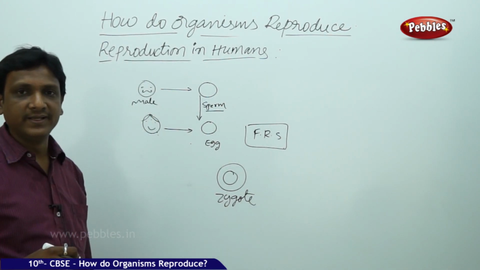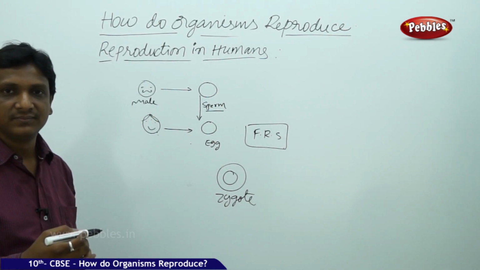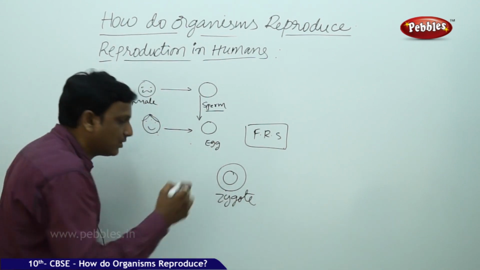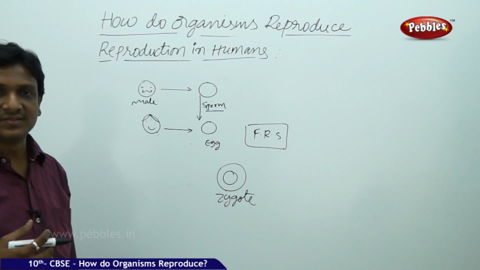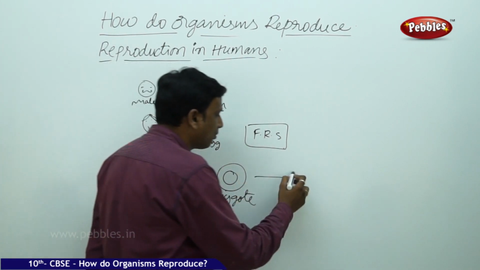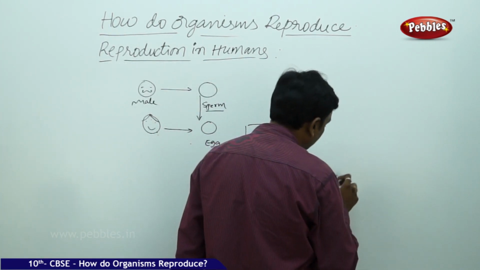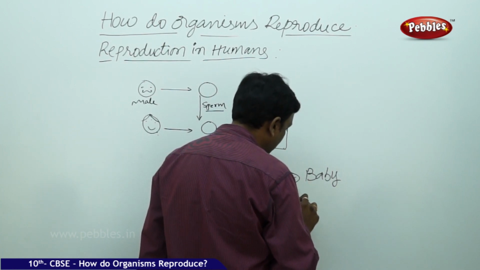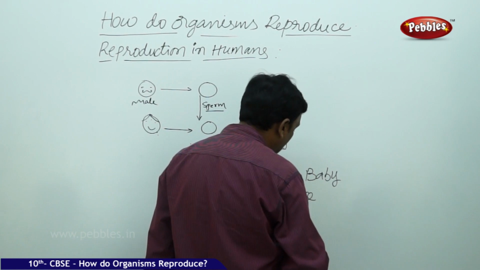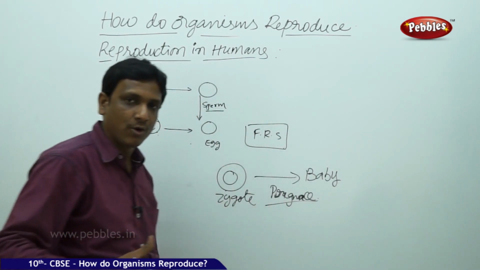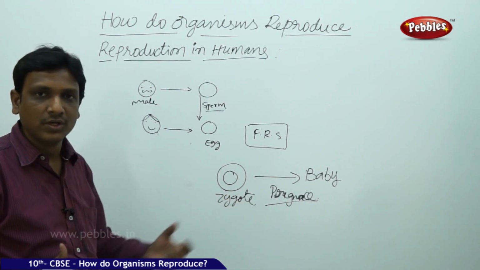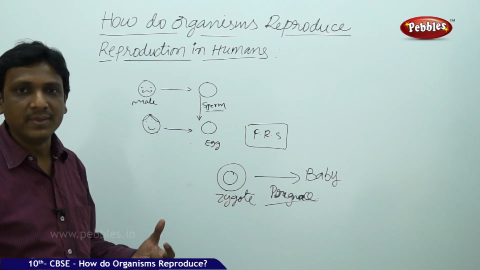In the female body, there are such arrangements, such organs, to accommodate this zygote in the female reproductive system till this zygote develops into a baby. The whole process is called pregnancy. So the female body is designed in such a way that it can accommodate the zygote from a very small single cell zygote to a completely grown up baby.